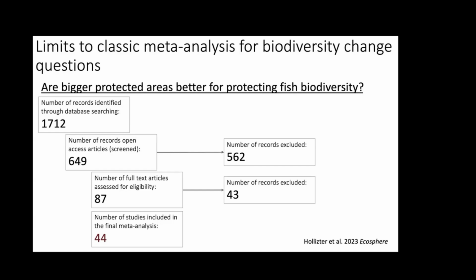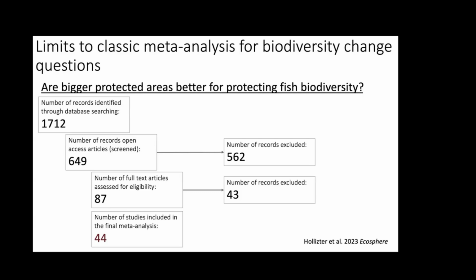One of the limits to doing this type of analysis for biodiversity is you're really limited to whatever metrics the studies used. We no longer have this ability to dive in and calculate numbers of species or numbers of identities, numbers of individuals, and the relative abundance.